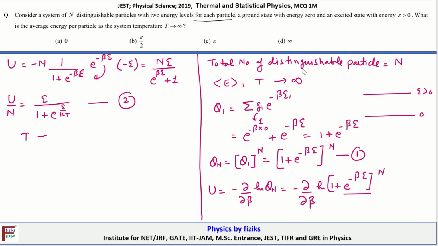As T goes to infinity, the exponent in the exponential term, that is E by kT, approaches a value of 0. Therefore the average energy per particle is approximately E upon 1 plus e to the power 0, that is E divided by 2. So B is the correct option here.